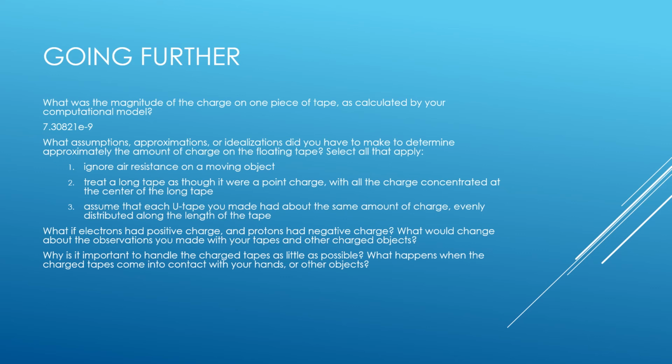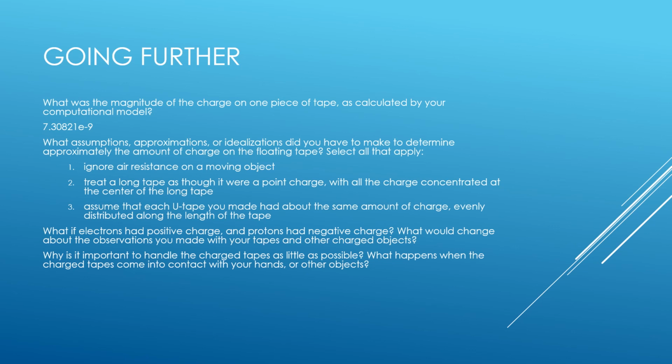And we treated the tape as just one point charge instead of a spread out piece of tape like it is, which has different charges at each position that do make a different electric field. And then I did assume that the whole thing had the same amount of charge, saying that it is spread out over the whole piece of tape, which could have changed the results if I had calculated for every position.